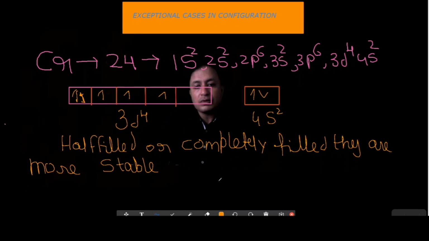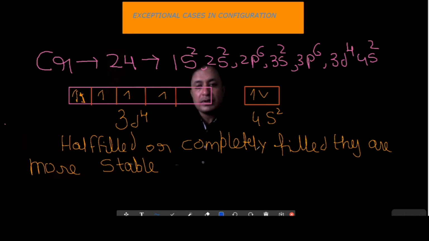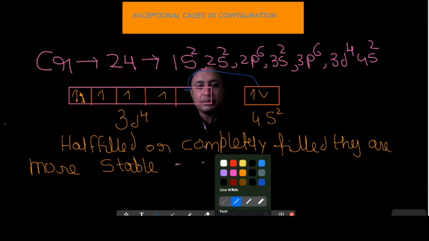Now because of this concept, in the case of chromium, one of the electrons from the 4s can be transferred to the 3d orbital. Okay, so this is the exceptional case here, because it is possible.